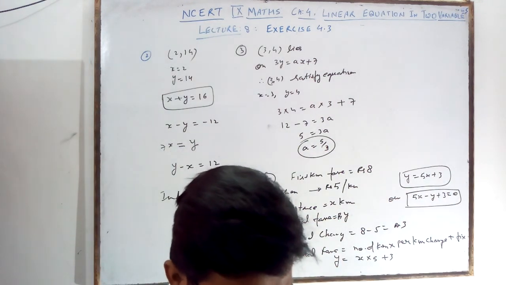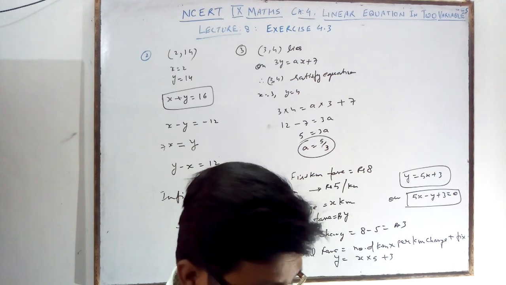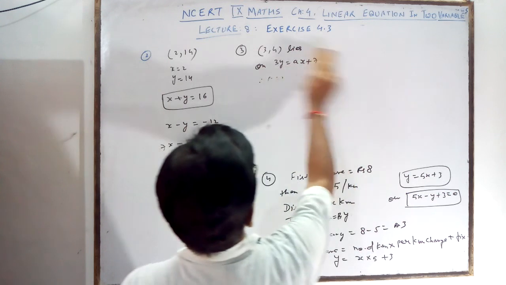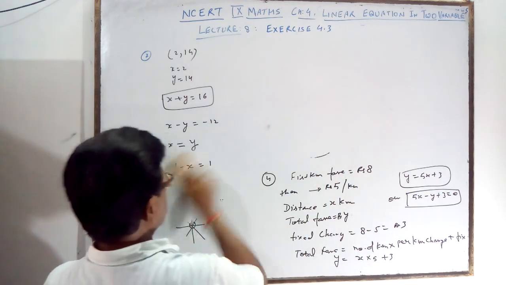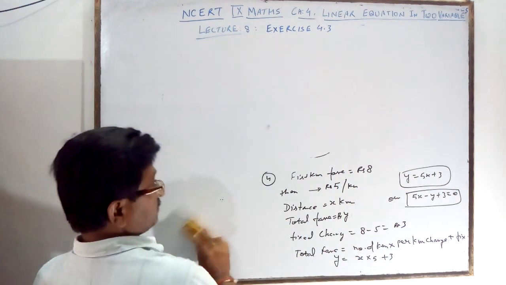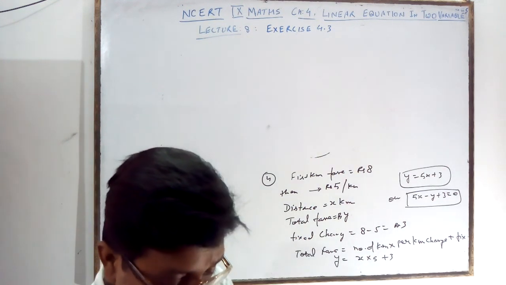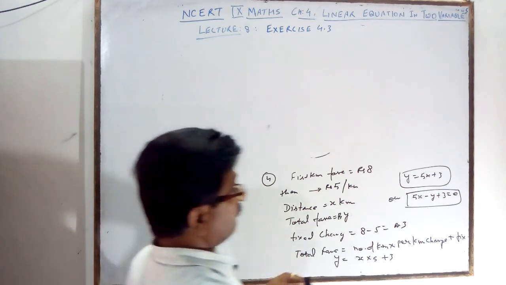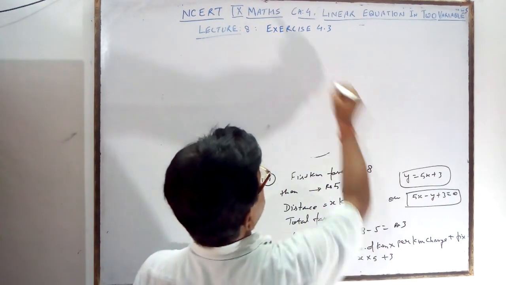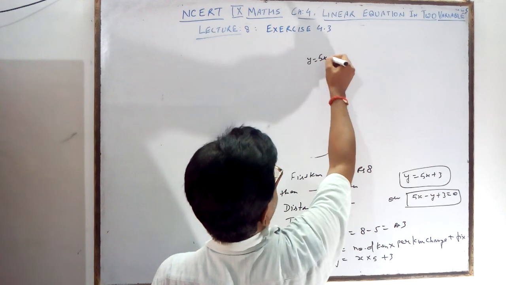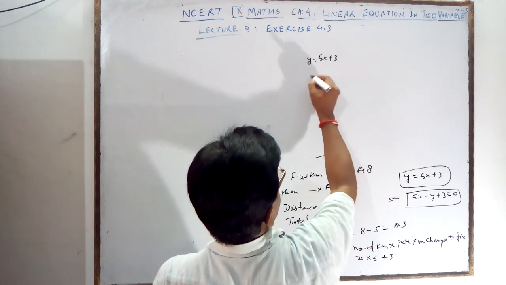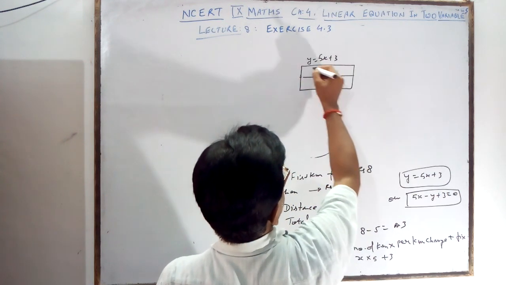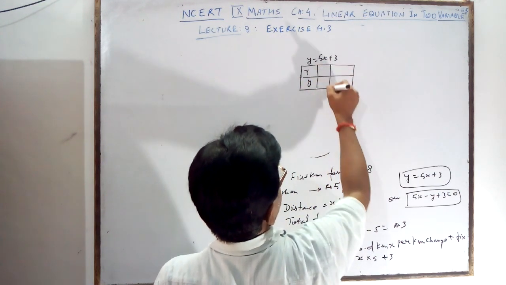There is also given to draw the graph. You want to draw the graph of this question. So what is the equation given? Equation is given y equal to 5x plus 3. We will make a table and find the values of x and y.